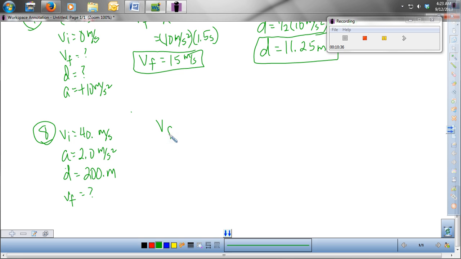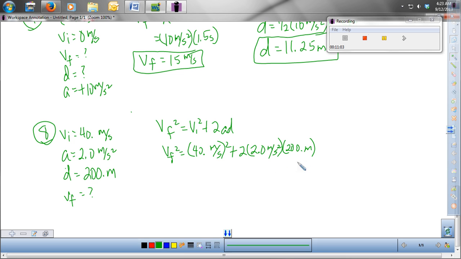So VF squared equals VI squared plus 2AD. VF is what we want. VI was 40 plus 2A D. So when I multiply 200 times 2, I get 400. 2 more times is 800, so that's 800 meters there. 40 squared is 1600.